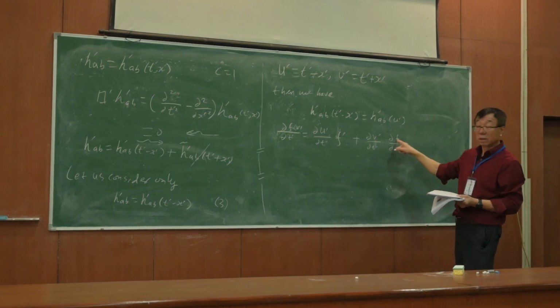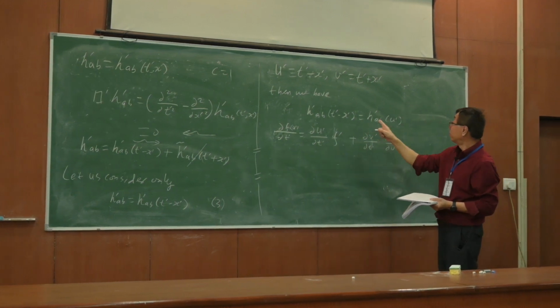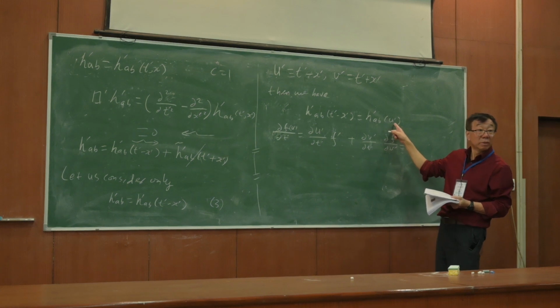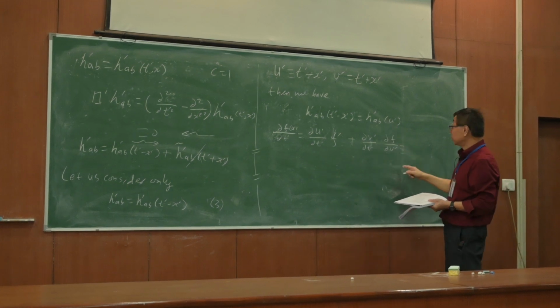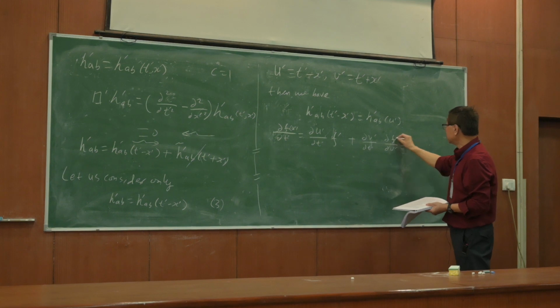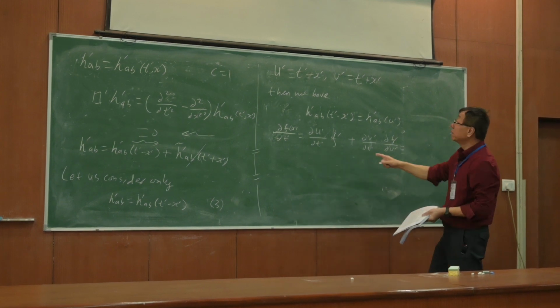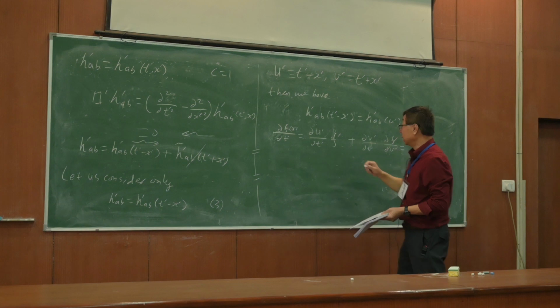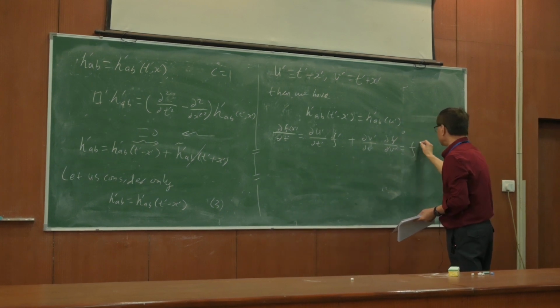This equals 0 because f is a function of only u prime. Now u prime and v prime are independent, so this equals 0, and du prime/dt prime is 1. So this is f prime, right?